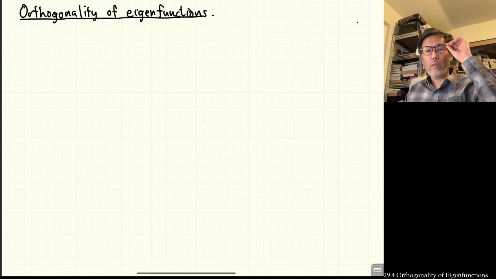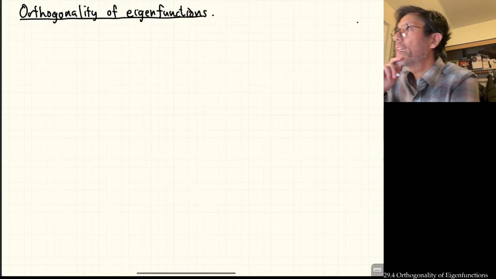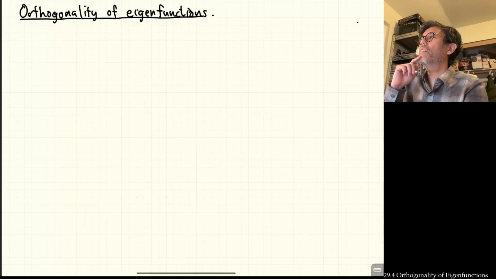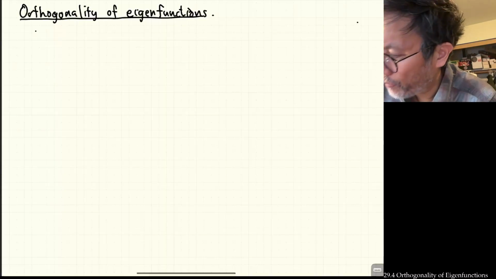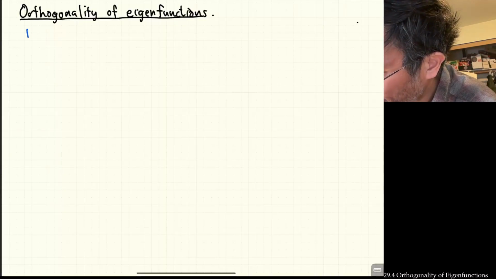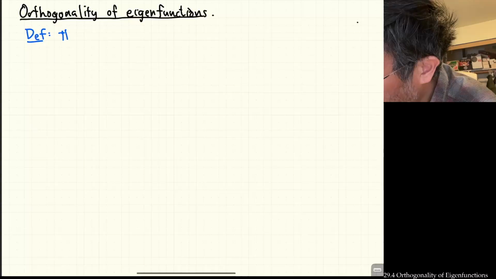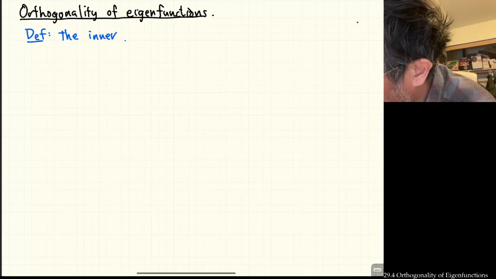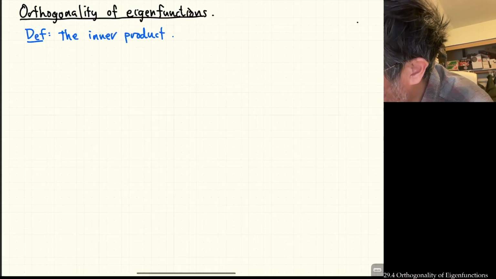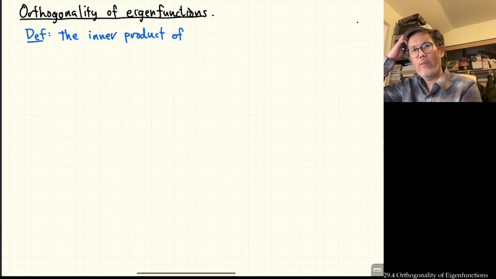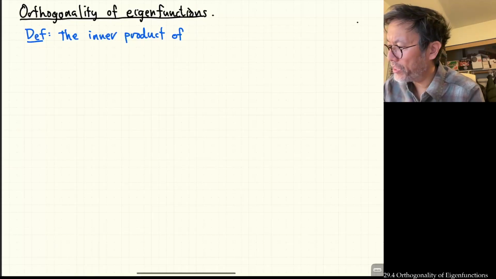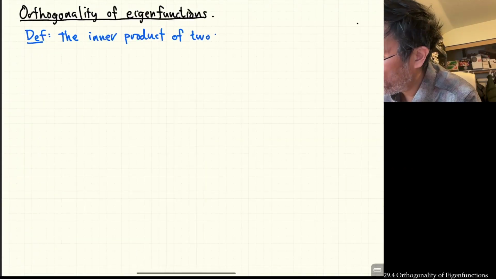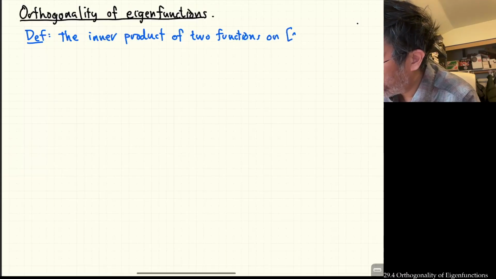Okay, so here's how we're going to define the inner product. I'm going to define something called the inner product of two functions on the interval from a to b.